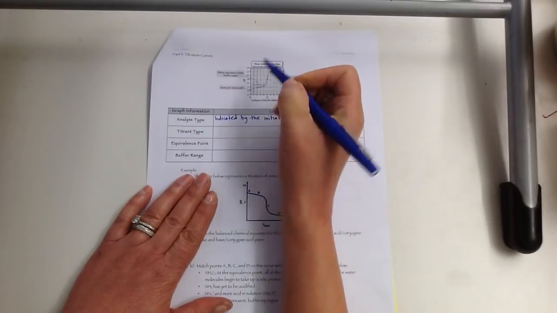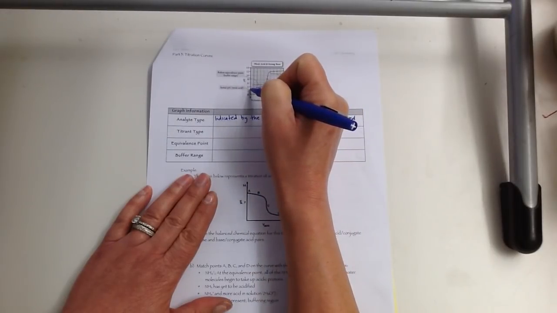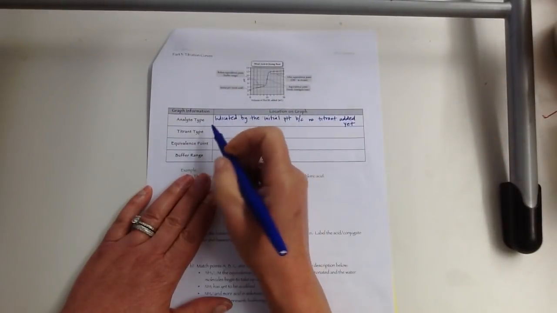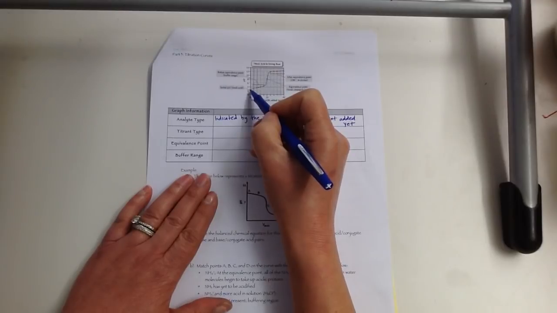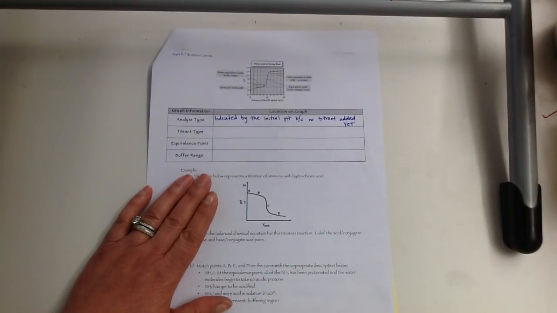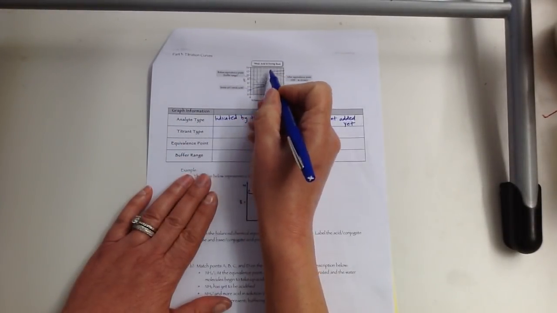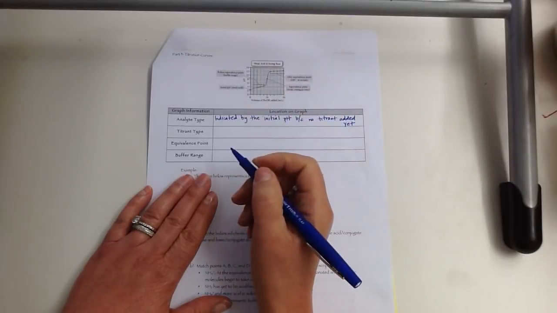Before I've added any titrant, that's going to tell you whether your analyte is an acid or a base, right? This one, you can see that it's an acid because it's less than 7, and it's got a pH above 2, so it's actually a weak acid that I'm starting with in my flask. I can tell very easily by looking at this titration curve, okay?